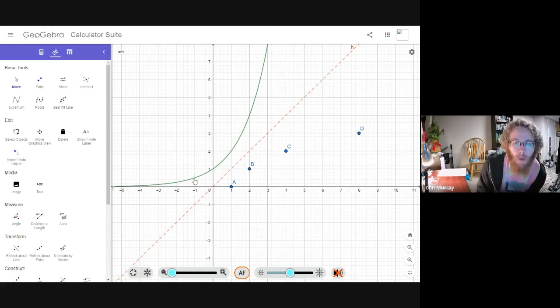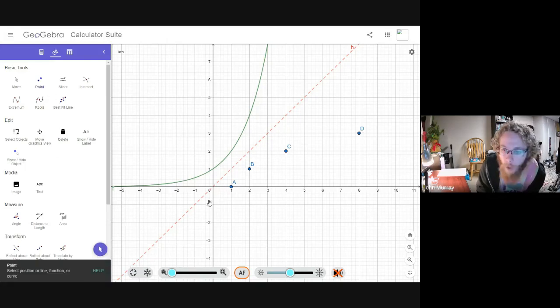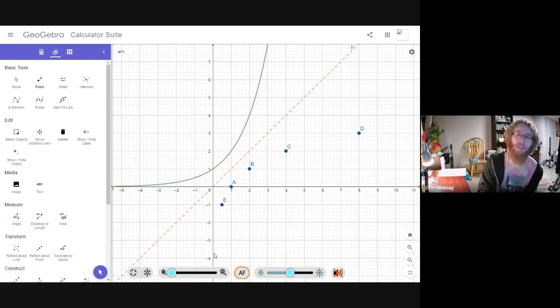So here my point is (-1, 1/2), which means my reflection is going to be (1/2, -1). It's not going to be perfect, but I'll put a point somewhere in between here. Yeah, that looks good. When I plug in -2, that gives me a fraction, 1/2 squared, or 1/4. So at 1/4, I'm going to be down at -2.